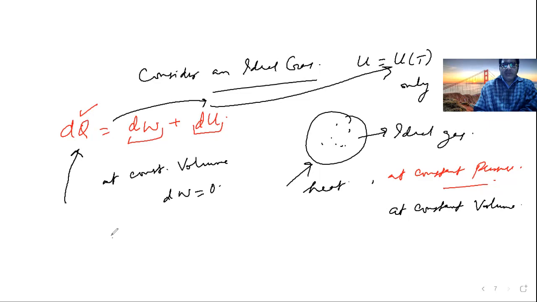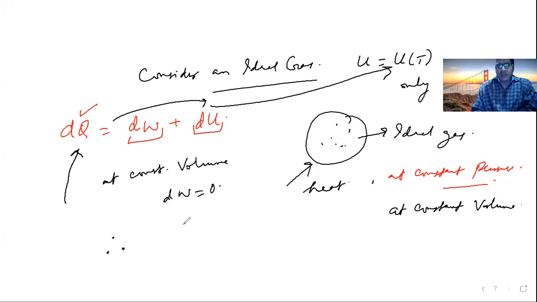Therefore, what is the conclusion? At constant pressure, it will take more heat for an ideal gas to increase its temperature through a certain amount than when I am heating it at constant volume. Because at constant volume, all of it is going in increasing internal energy and hence temperature, but at constant pressure, only a portion of my heat will go in increasing internal energy.